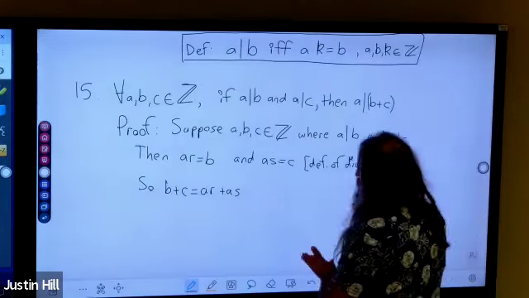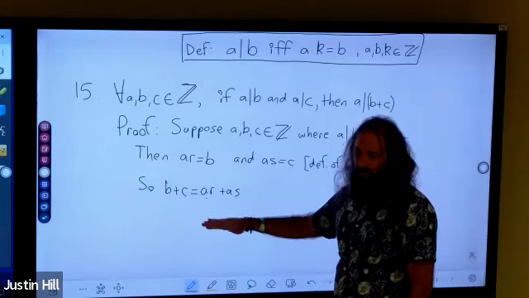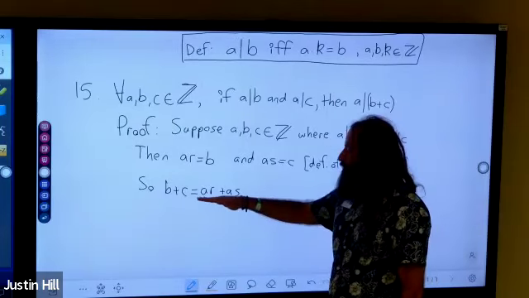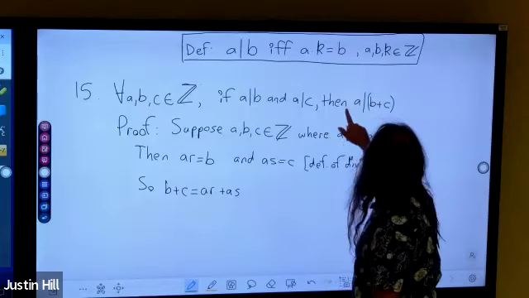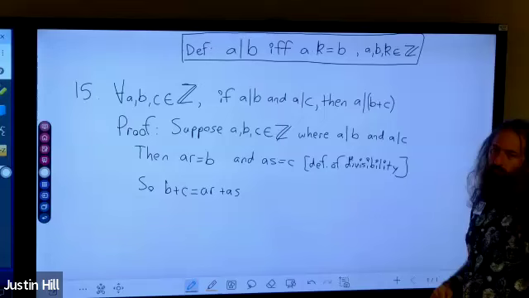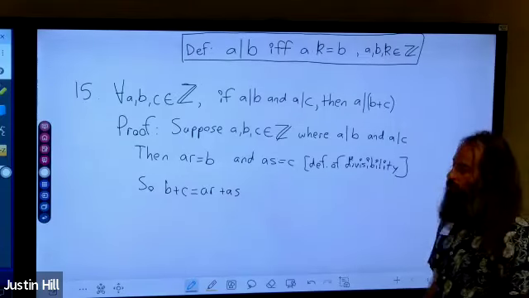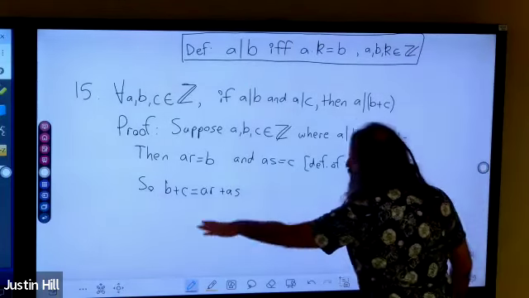And then it'll be my job from here. This is what I always call the meat of the proof. Once you've introduced the construction, it's your job to get from here to the then: A divides B plus C. So we want to think about what our goal is.